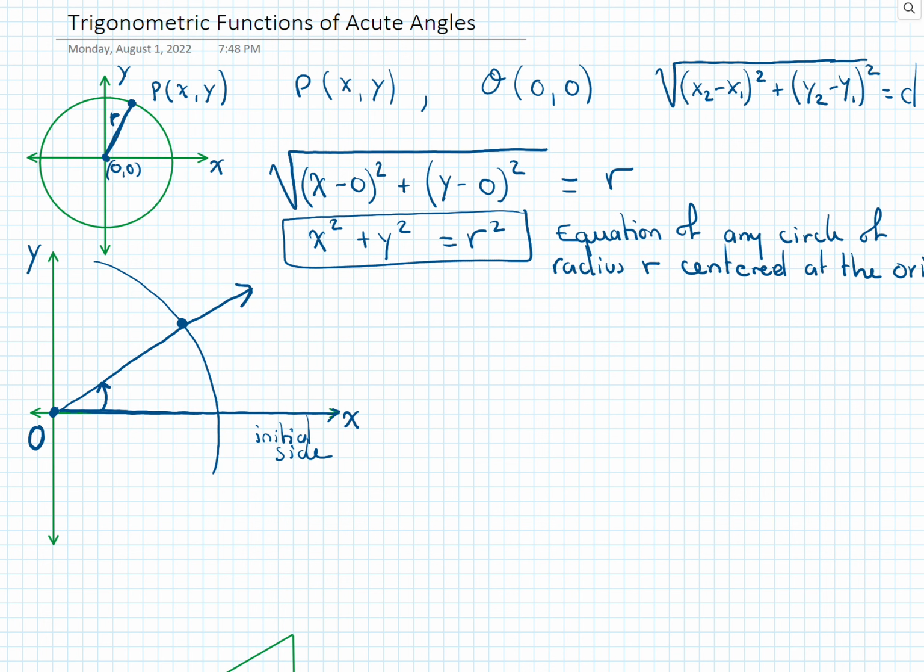And then the ray I drew will become my terminal side of my angle. And I'm going to call this angle theta. This is an angle, so angle theta is drawn in standard position.